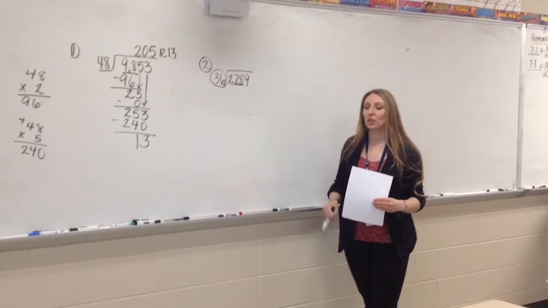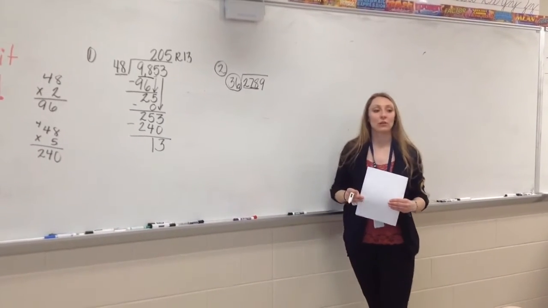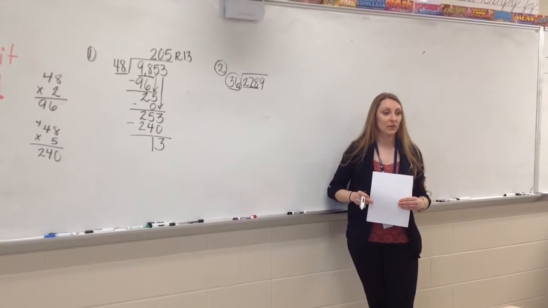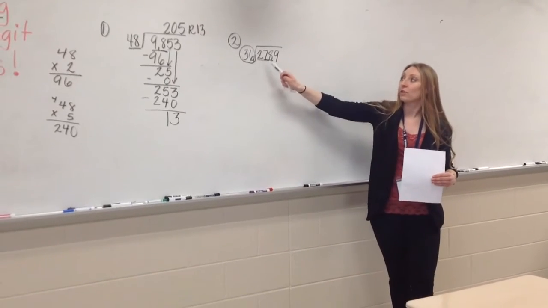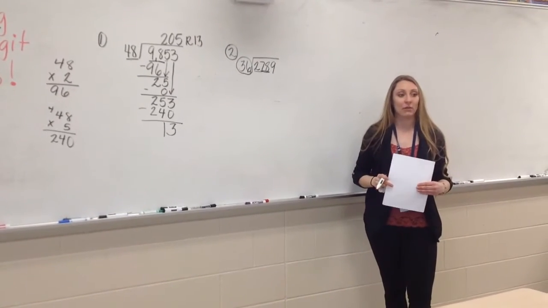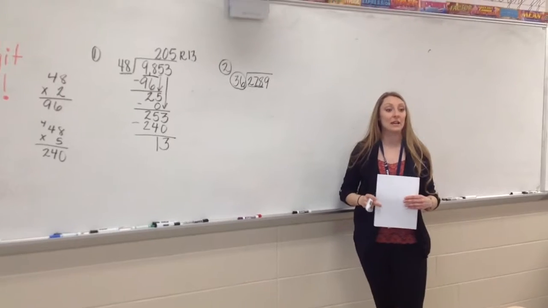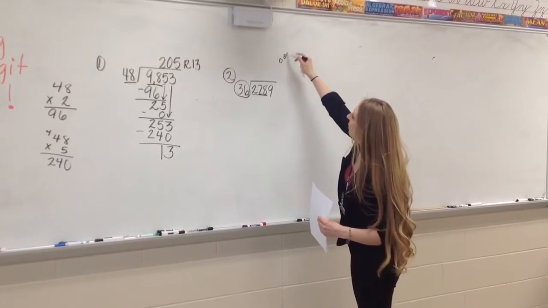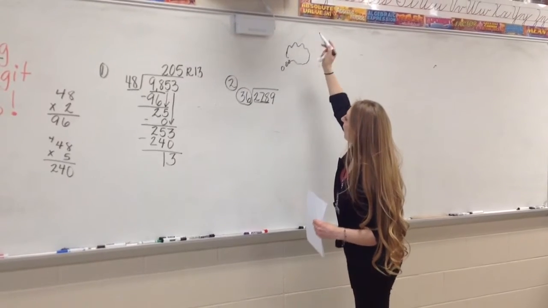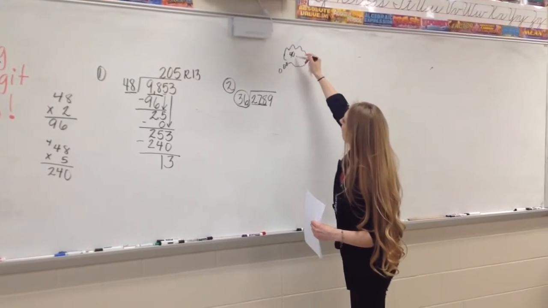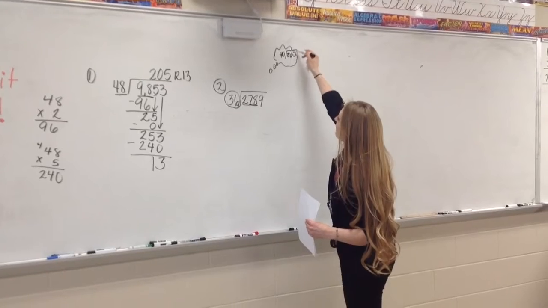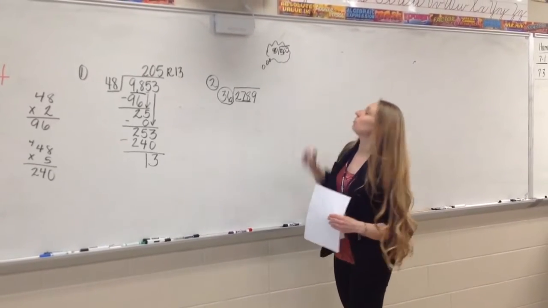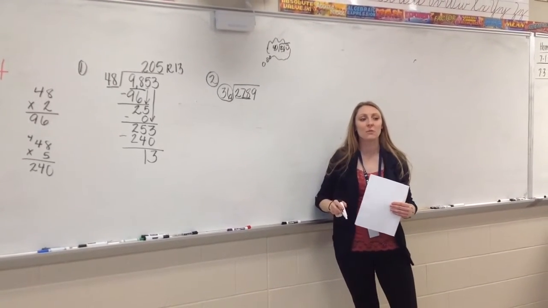What I would probably do is take 36 and round that up to 40. And then I would take 278 and I would round that up to 280. So I know in my head, here's my little thought bubble, I know that 40 would go into 280 7 times.